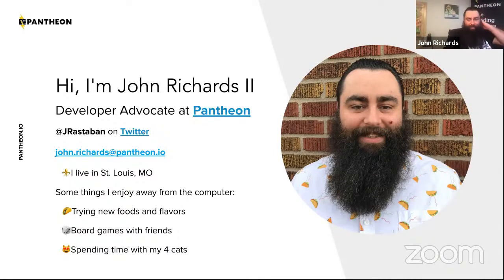So if you've got ideas for improvements, new feature requests, or even bugs that aren't working, I always want to hear those so I can make sure that it gets into the right hands so we can get things fixed and working for you. The other thing I do is trainings like this, speak at conferences, basically help people better understand how to use Pantheon and how to get the most out of the Pantheon platform once they've committed to it. So hopefully what you'll hear today will be helpful.